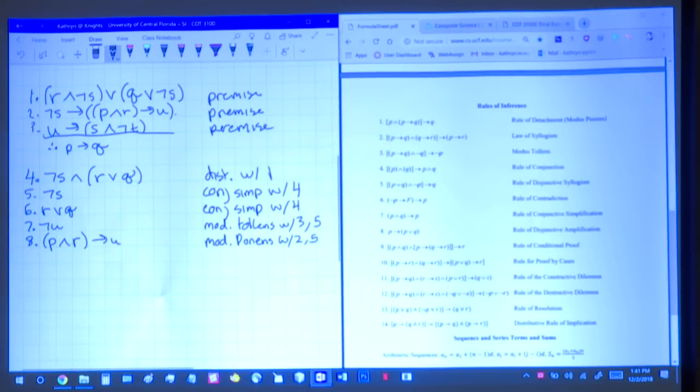Then this also uses modus tollens again, so it would be not P or not R, with 8.